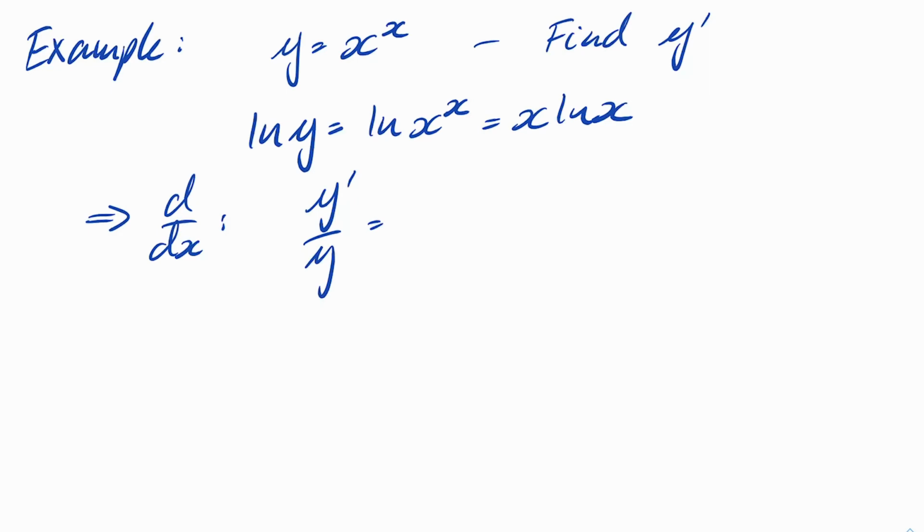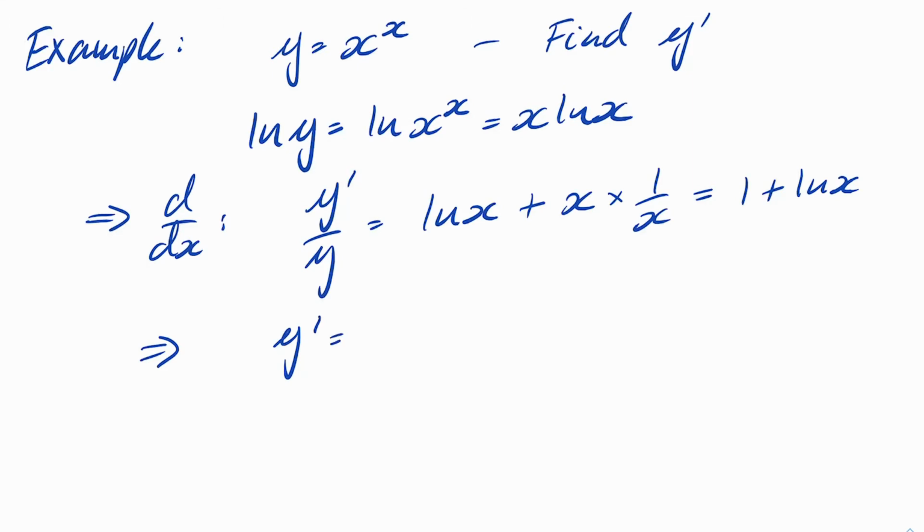We differentiate using the product rule, so let's differentiate the x first, leaving log x, plus x times the derivative of log x, which is 1 over x. So this is 1 plus log x. This implies y prime, which is the answer that we're after.